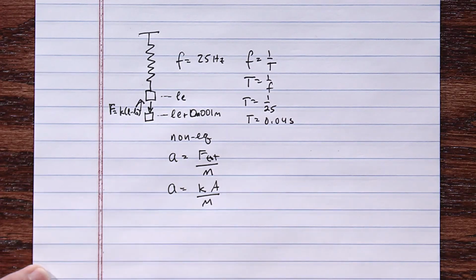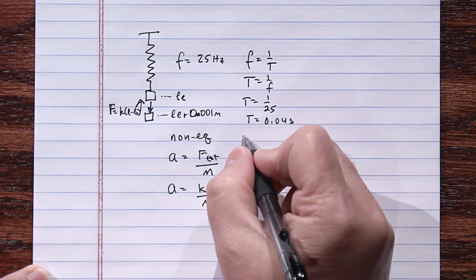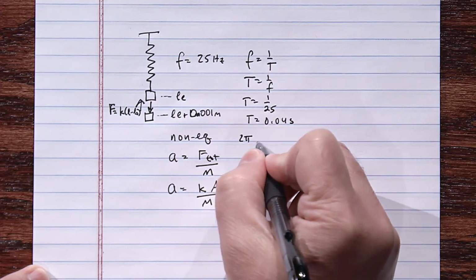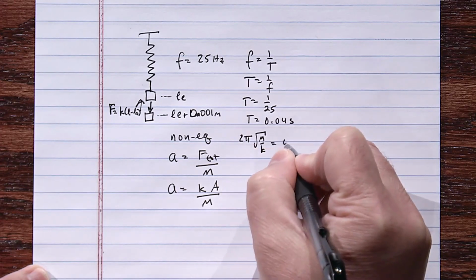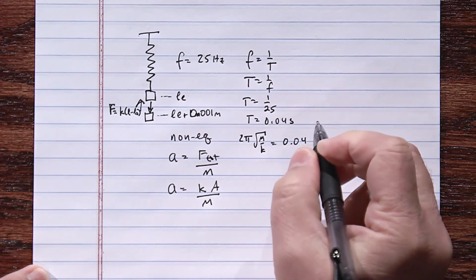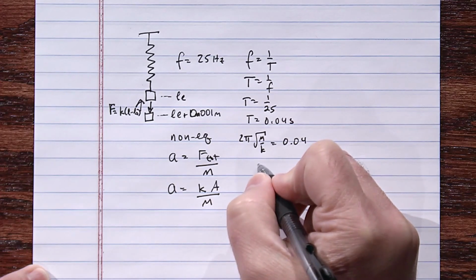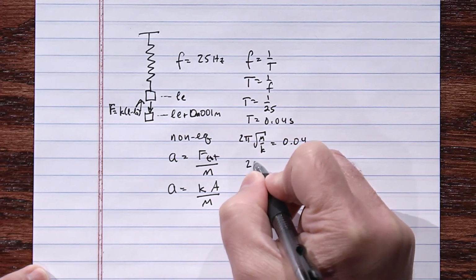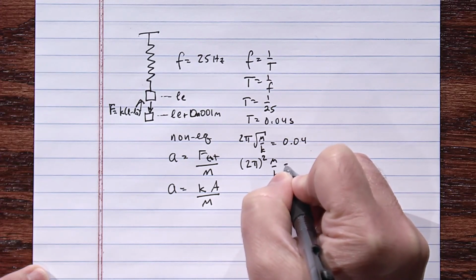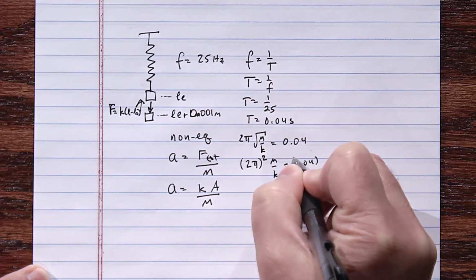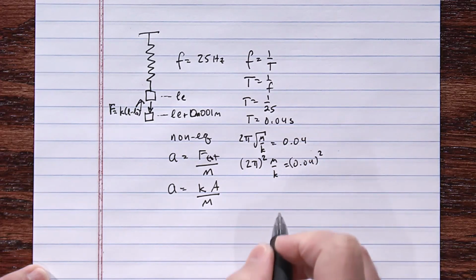We don't know K and we don't know M, but we can calculate the ratio of K over M from the period, because we know that the period is equal to 2 pi times the square root of mass over K, and that's equal to 0.04. So I will square both sides. 2 pi squared times mass divided by K is equal to 0.04 squared.